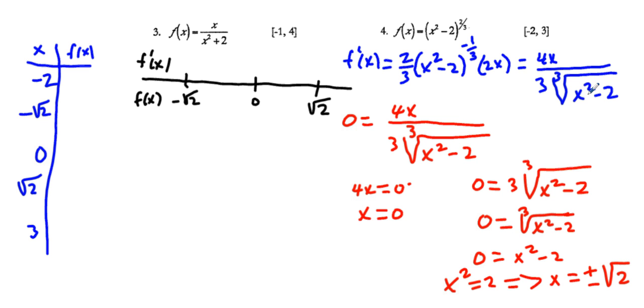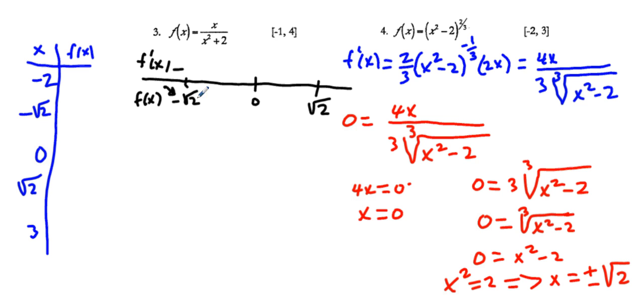Negative 2 squared minus 2 will be positive, actually it'll be negative because this thing up here will be negative. So we're going to have negative. So we have the function start out going down.